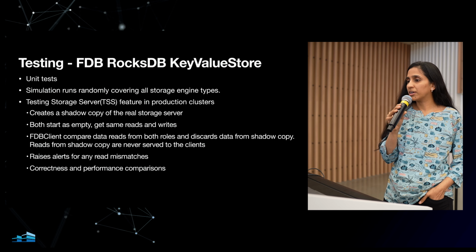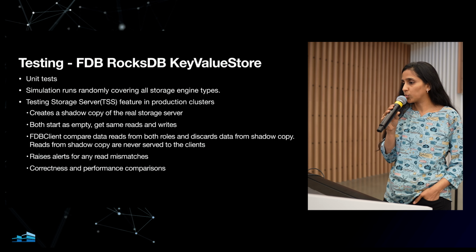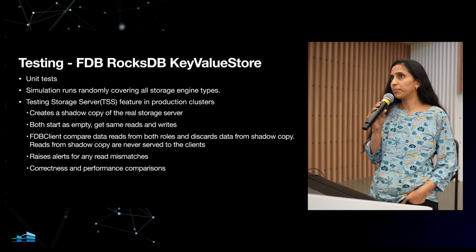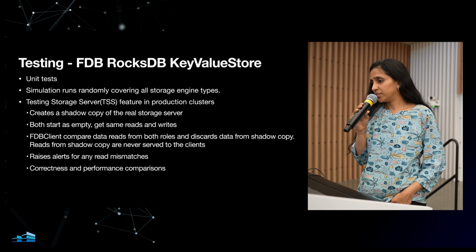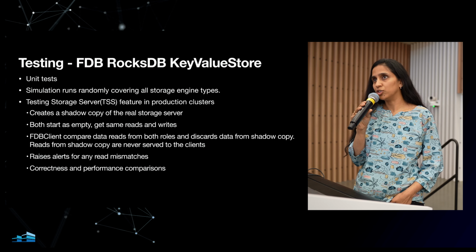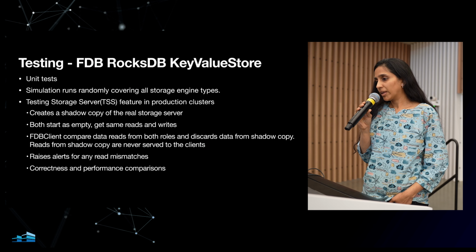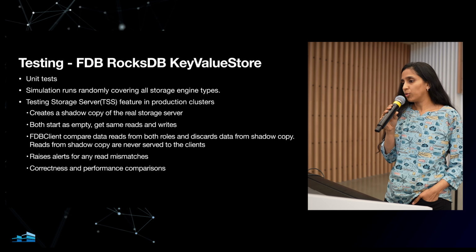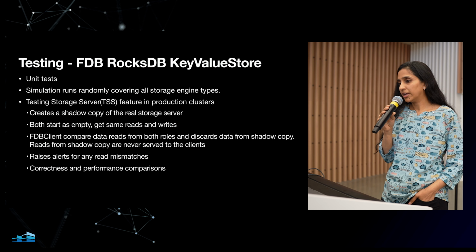At the FDB client level, when it gets a read request, it sends the request to both the shadow copy and the real copy, collects the responses, and compares them. If there is any inconsistency in the responses, it reports. This helps in ensuring the correctness of the new storage engine. And only the response from the real copy is returned to the clients.